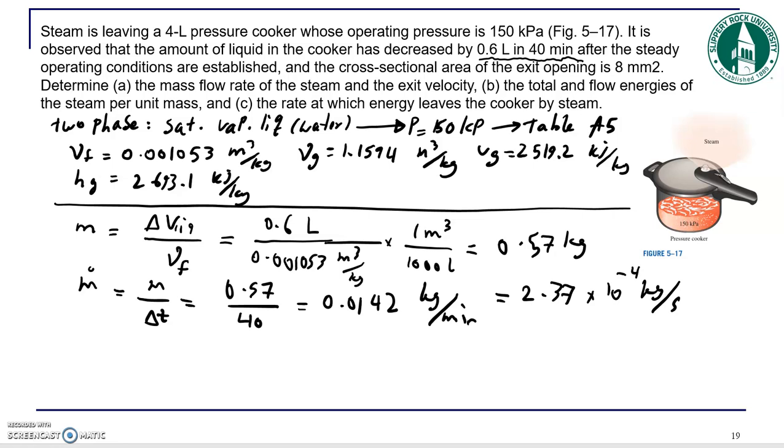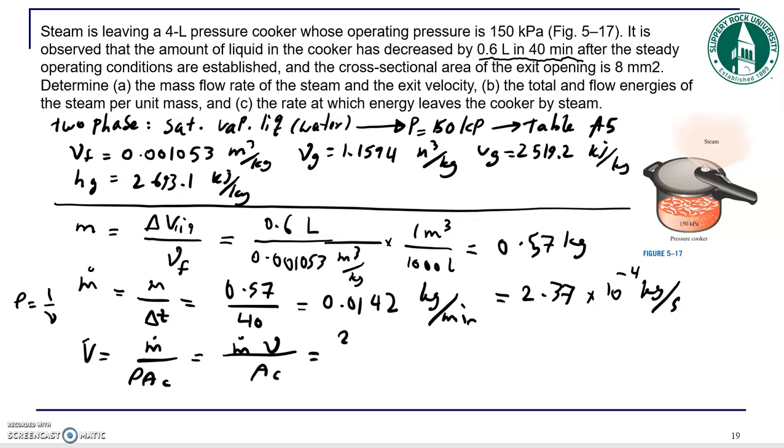How about the velocity at the exit? So velocity, remember the relationship between velocity and mass flow rate. We don't have density, but we do have the specific volume of gas that is leaving our system, right? So that's equal to m dot times specific volume, because density is equal to 1 over nu, remember that, divided by cross-sectional area.